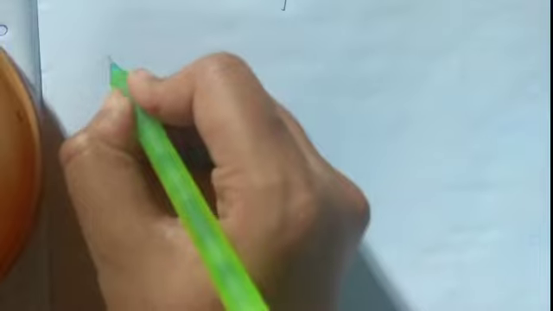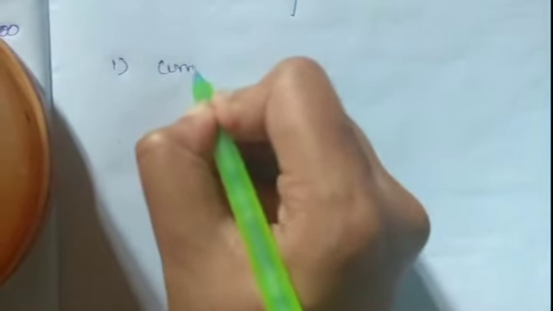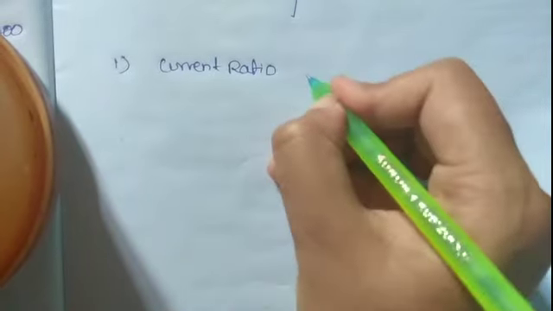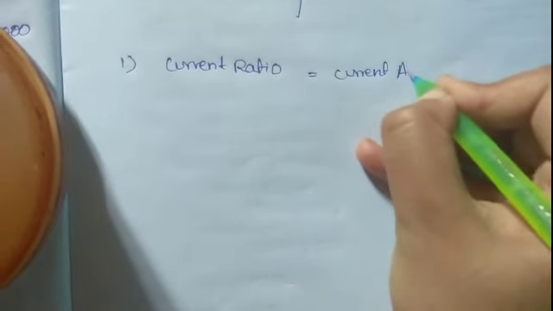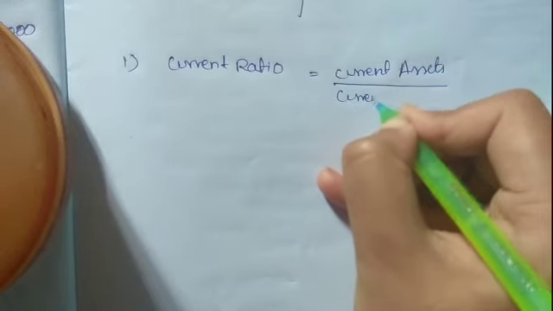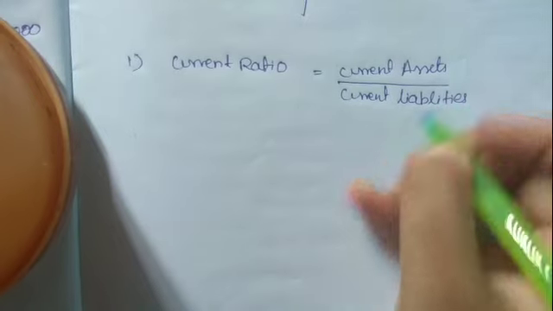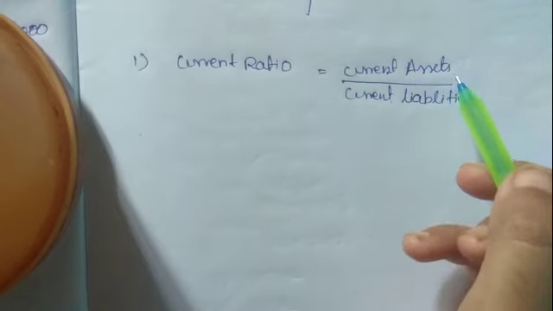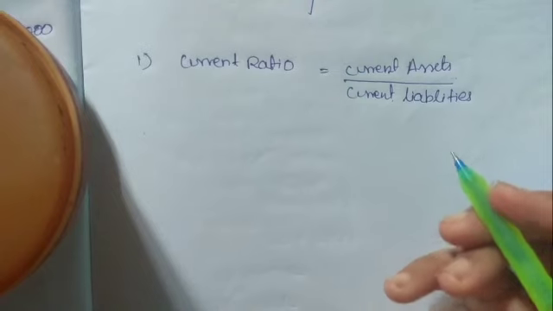The first one is current ratio. Current ratio is equal to current assets divided by current liabilities. What it tells is, do you have sufficient current assets to meet your current liabilities?